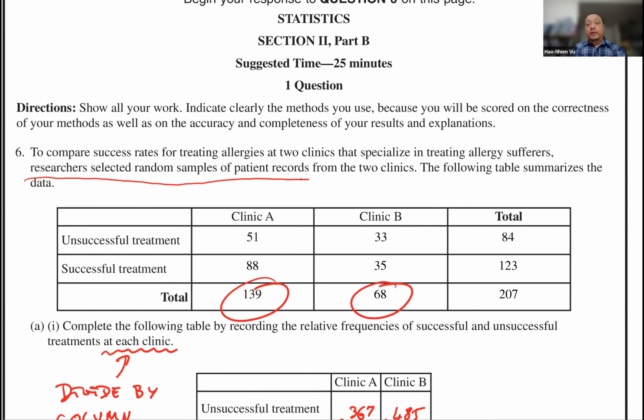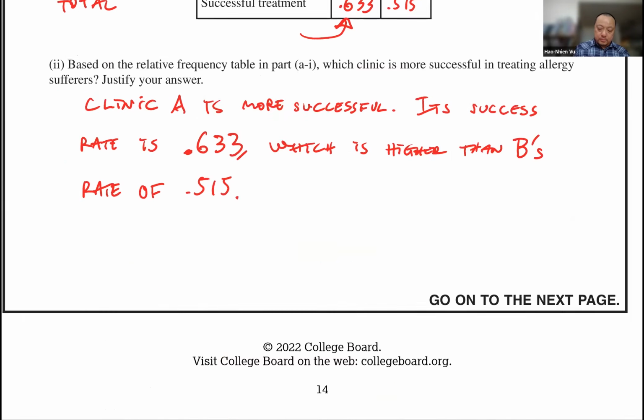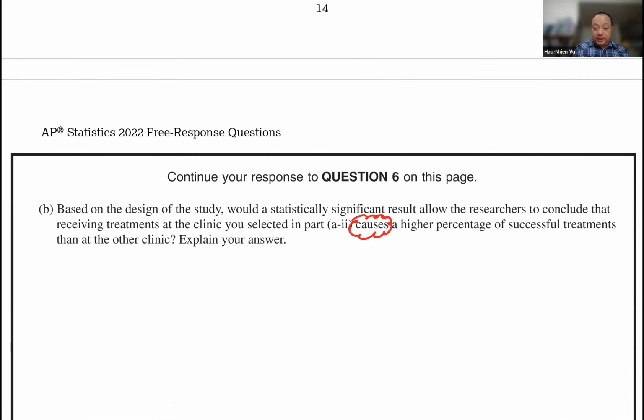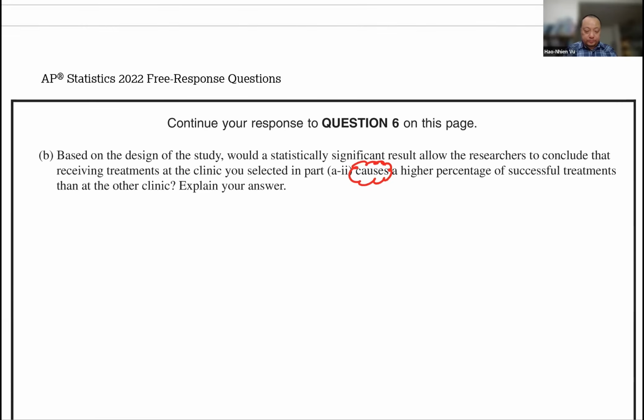And as far as we know, in first-year statistics, observational studies do not lead to causation. In first-year statistics, the only way to prove causation is to do a randomized controlled experiment. And that's not what's happening here, so that would be our answer.